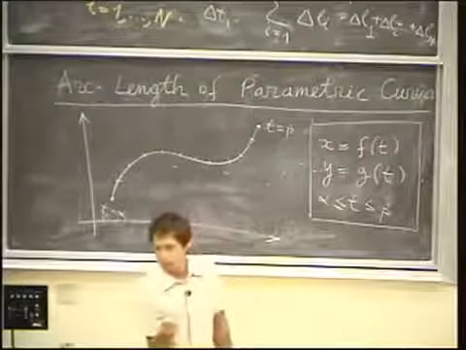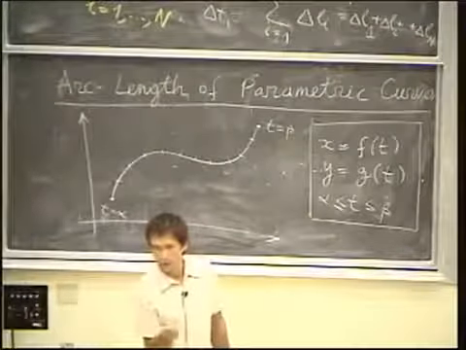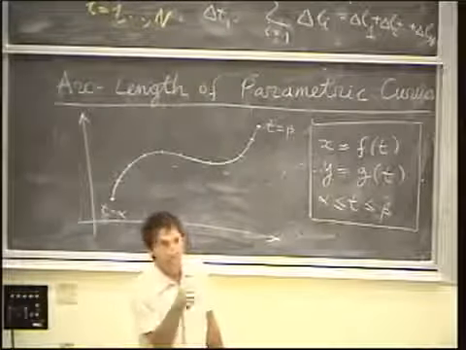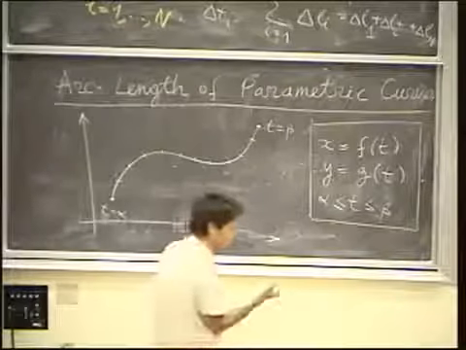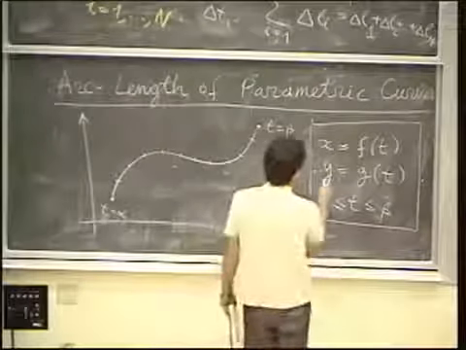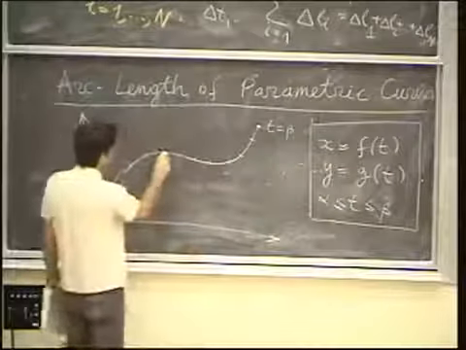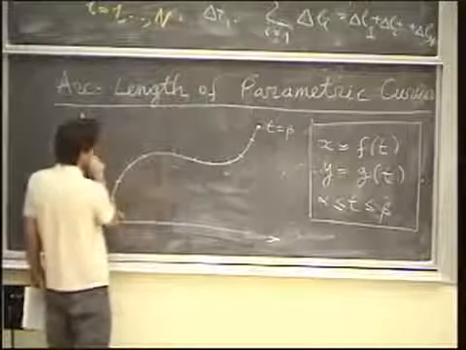In other words, an expression for both x and y coordinates of points which are on this curve as functions of an auxiliary parameter t. So what are x and y here? X and y refer to the coordinates of the point.